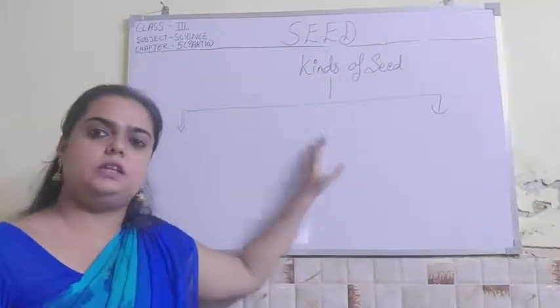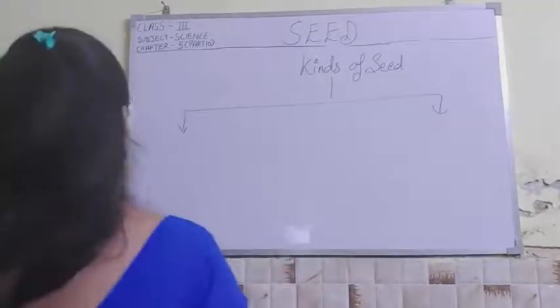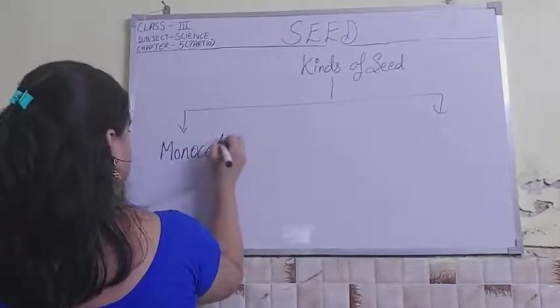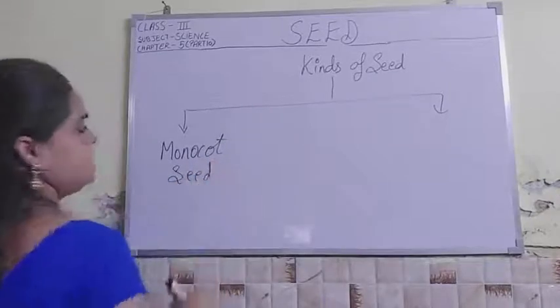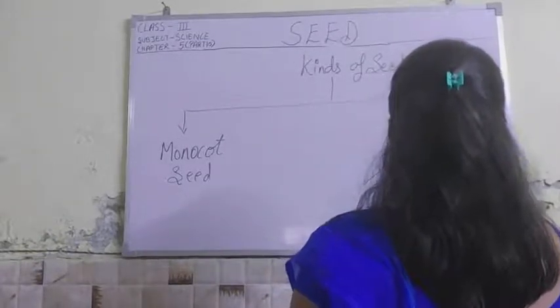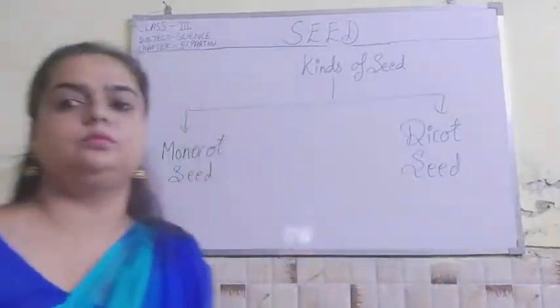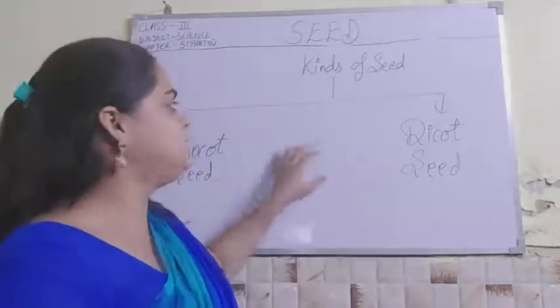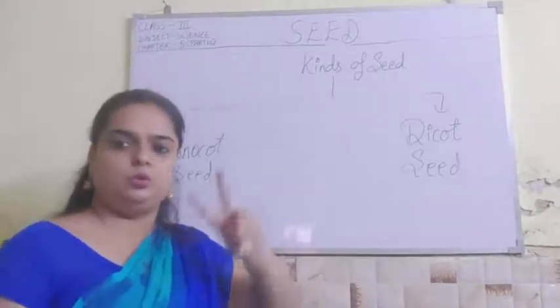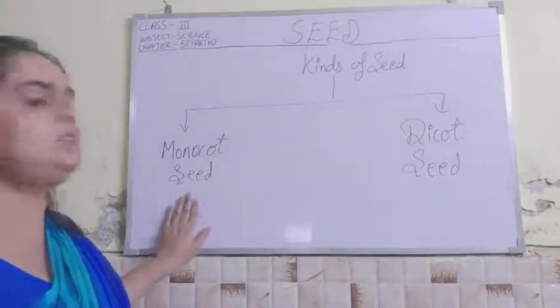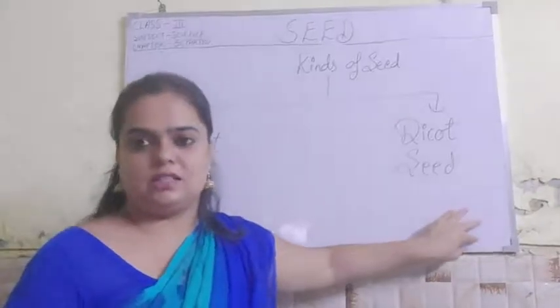The first one is monocot seed, and the second one is dicot seed. There are two kinds of seeds. The first one is the monocot seed, and the other one is the dicot seed.